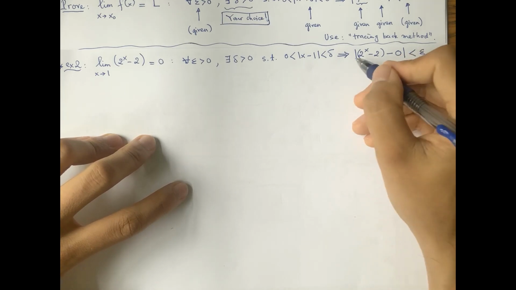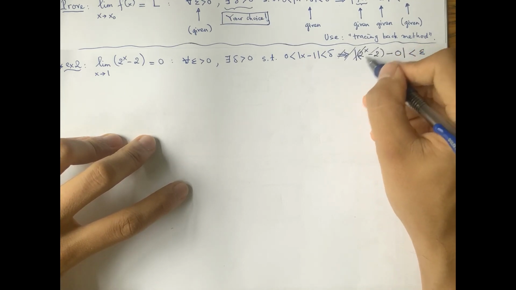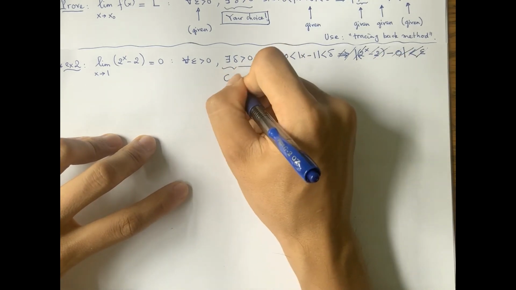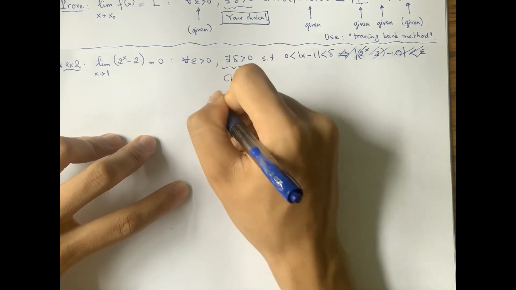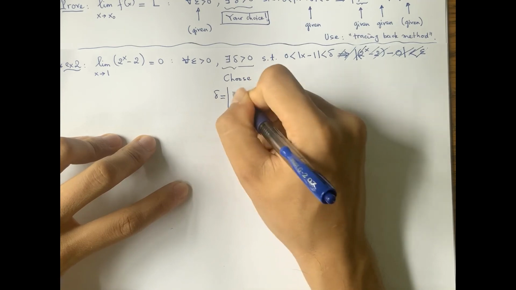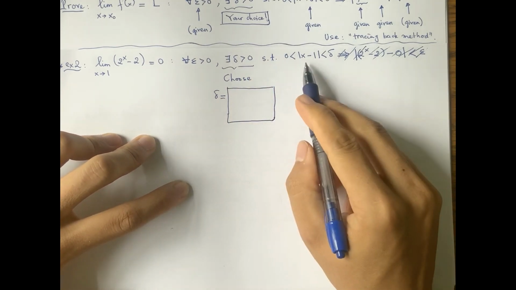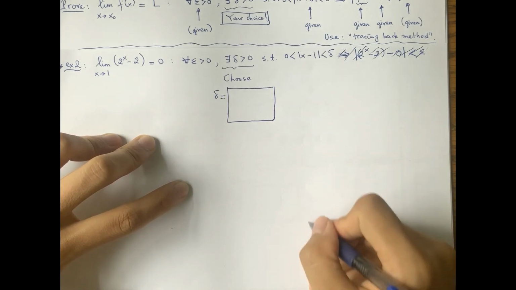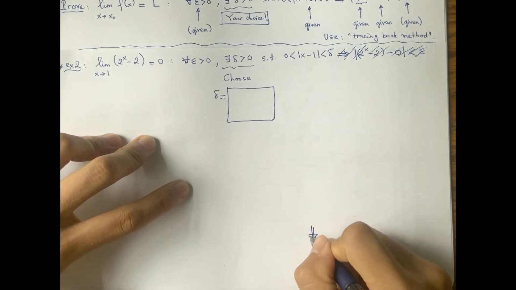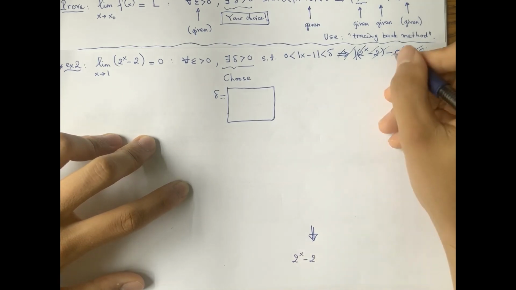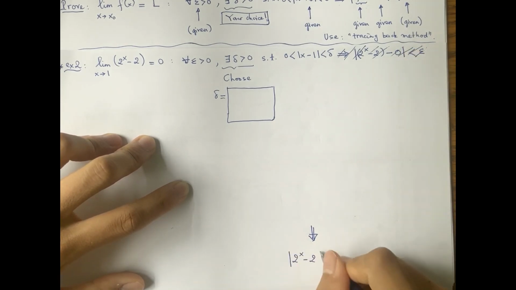So we are going to first pretend like we don't have this inequality, and our job is to try to choose the delta, such that this will finally imply that 2 to the x minus 2 minus 0, we wouldn't need it, so we need this, less than epsilon.